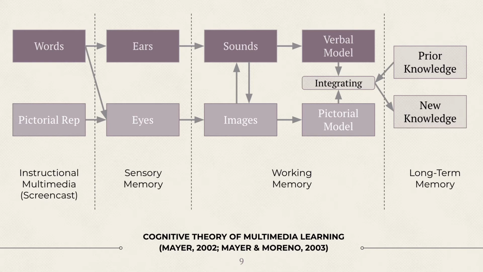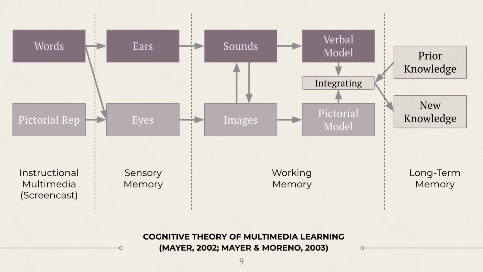When information has been seen or heard, it passes from the sensory memory into working memory, where a lot happens. In order for learning to occur, the learner has to select what is most important and develop organized, integrated models that depict new knowledge.